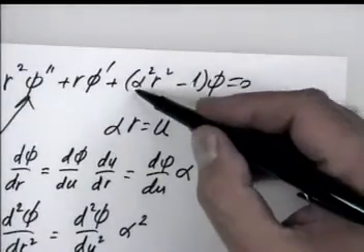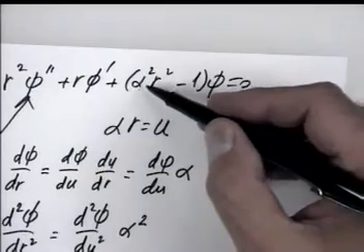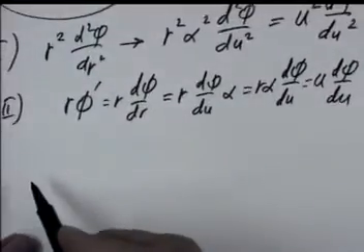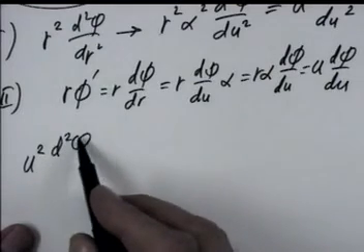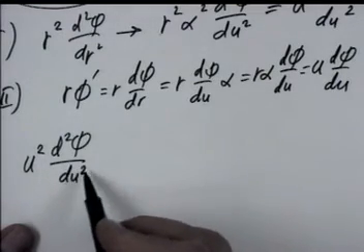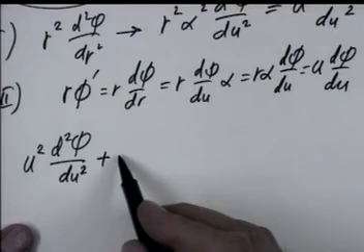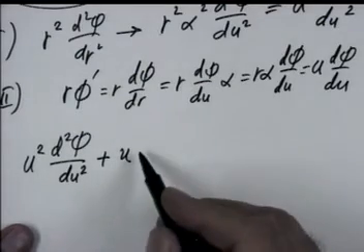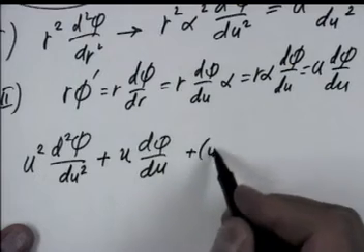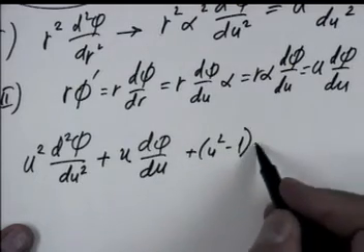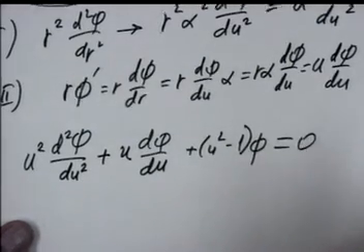Now this term, there is alpha squared r squared, but this equals u squared. So we get u squared d2 phi du squared plus u d phi du plus u squared minus 1 phi equals 0.